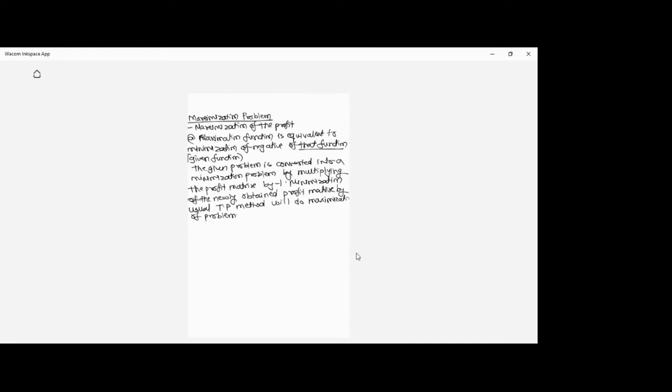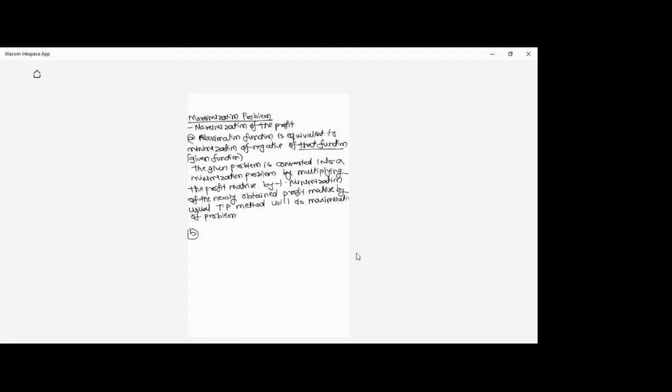So I think it is understood. The given problem is converted into a minimization problem by multiplying the profit matrix by -1, and minimization of the newly obtained profit matrix by the usual transportation method will do maximization of the given problem.